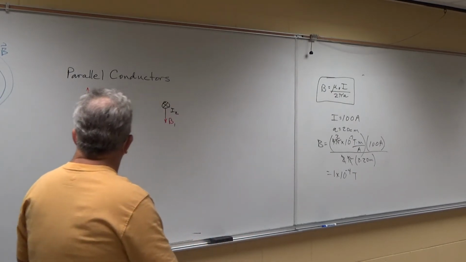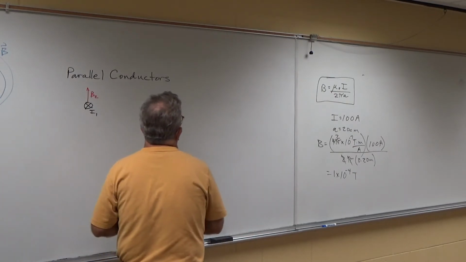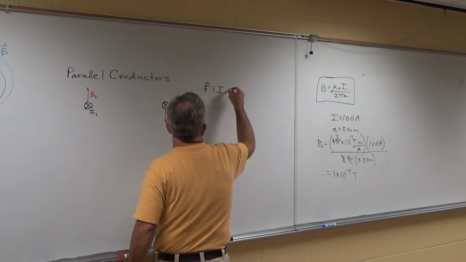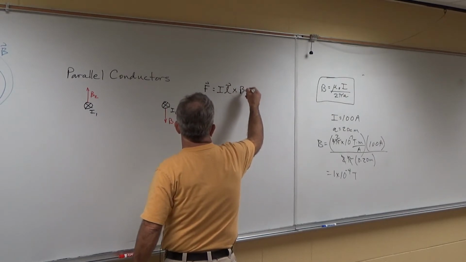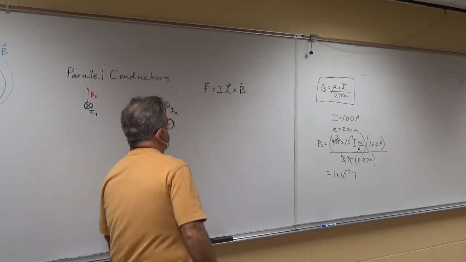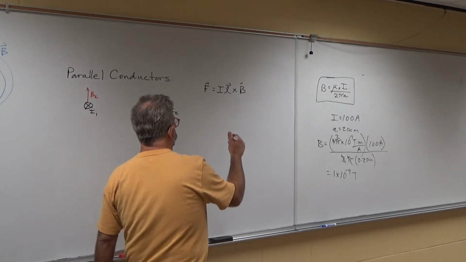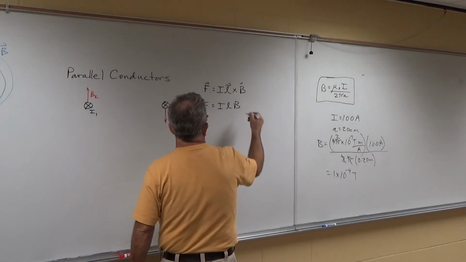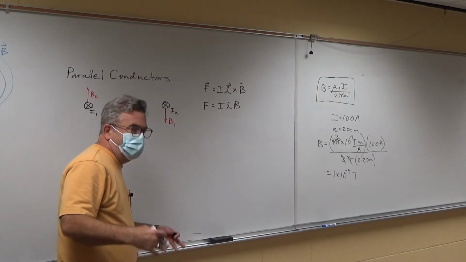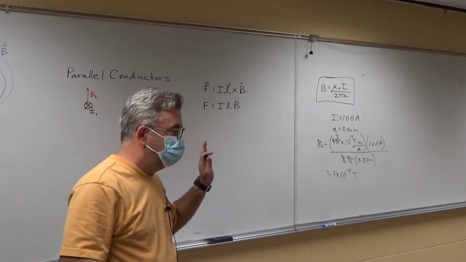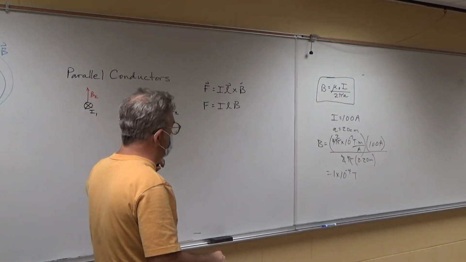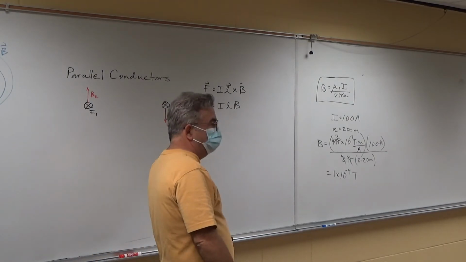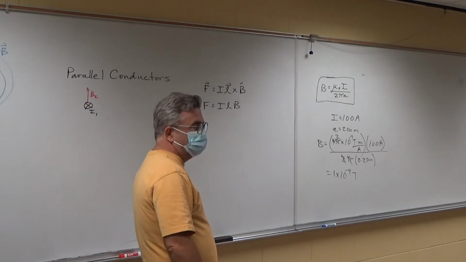That force is equal to I L cross B. That's equal, in magnitude, to I L B sine theta. In this case, the angle between the current and the field is 90. Sine of 90 is 1. So for this particular example, the force is equal to I L B.